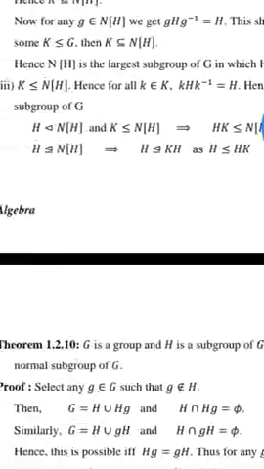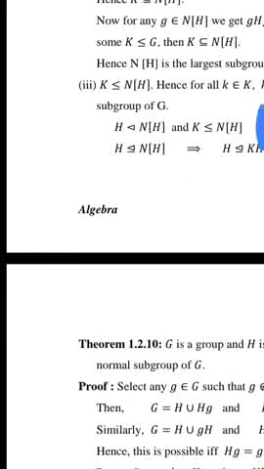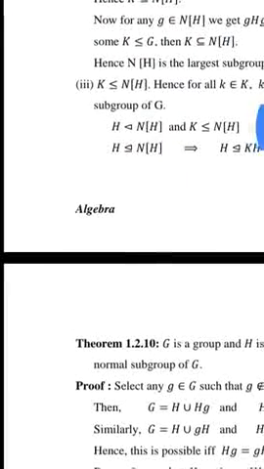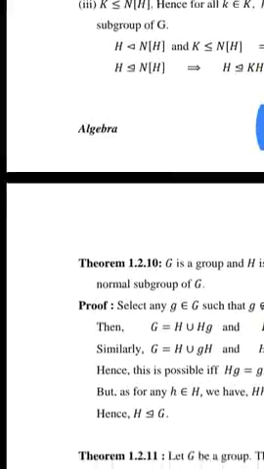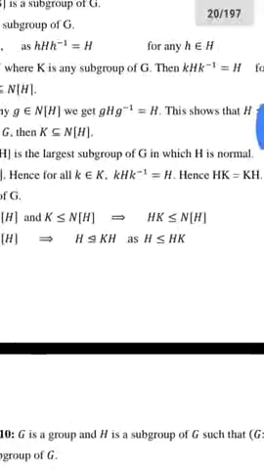HK is a normal subgroup of N(H). Therefore, H is a normal subgroup of N(H). Therefore, H is a normal subgroup of KH, as H is a subgroup of KH.